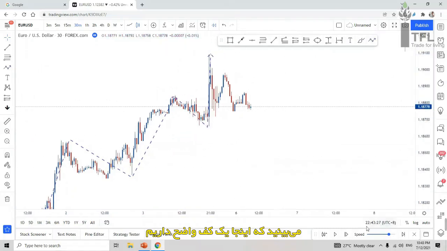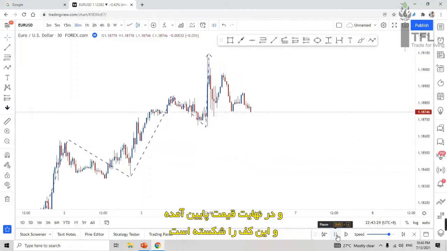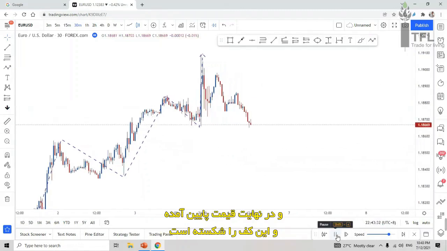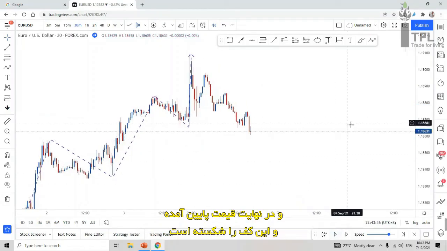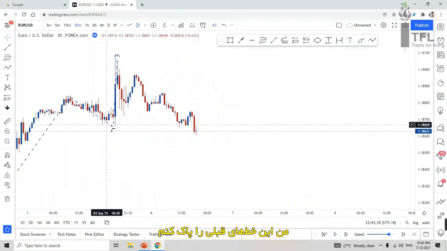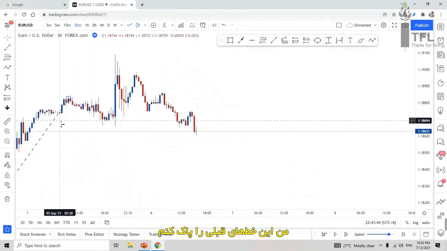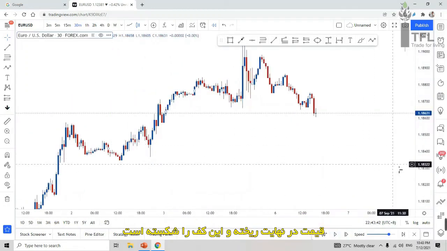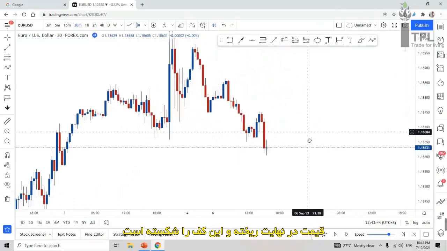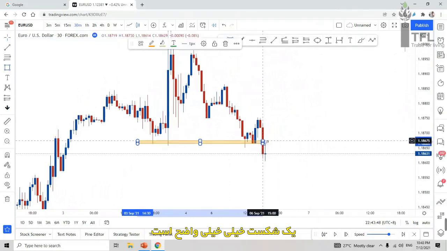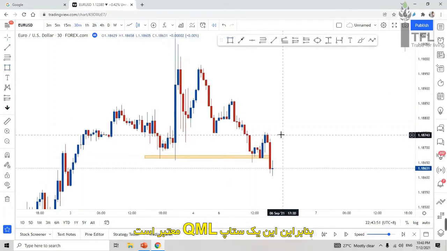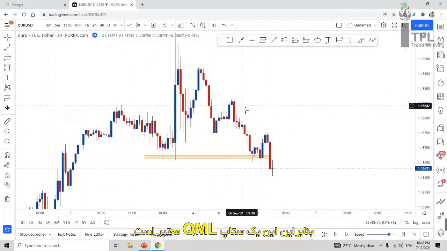So the price eventually came down and breaks the low. I'm going to remove all this arrow line and dotted purple line. So it came down and broke this low. It is a very, very obvious break. So this is a qualified QML setup.